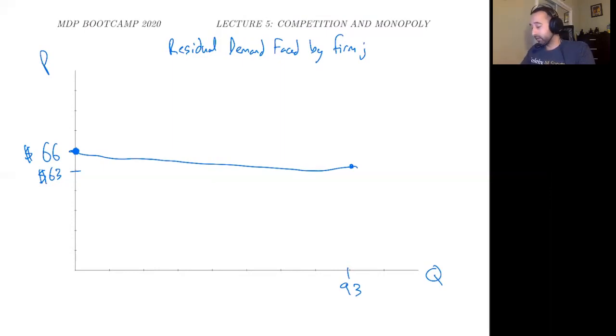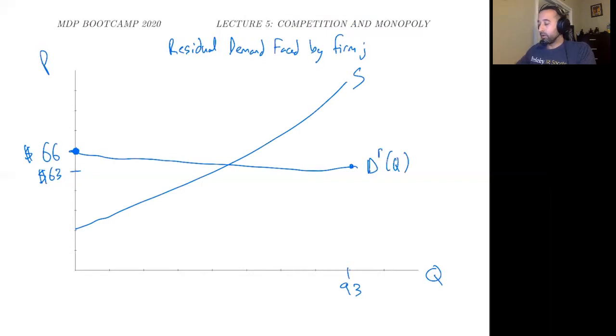You can see here that if firm J has a supply curve that looks like this, and sorry, I should label this. And for example, something happens where maybe one of their factories gets on fire or something, and the supply moves inward a little bit to be something like that.